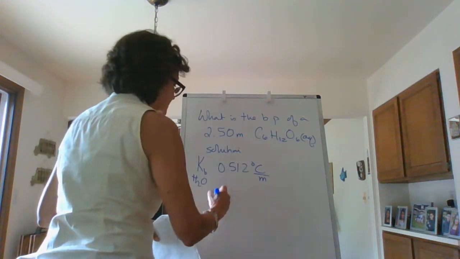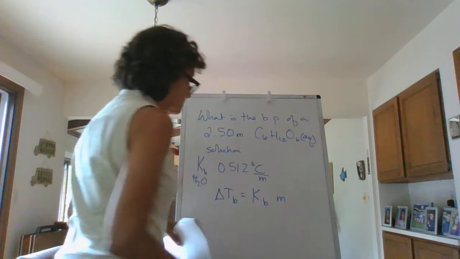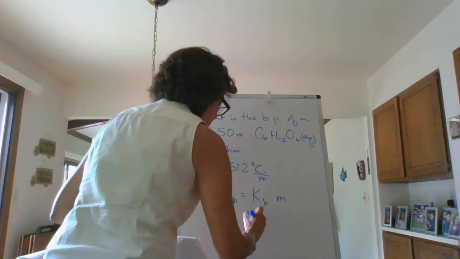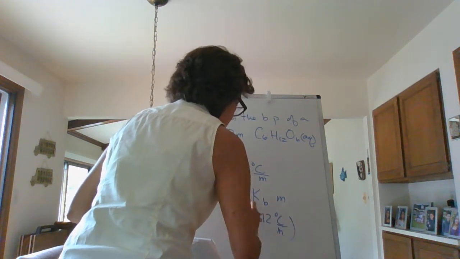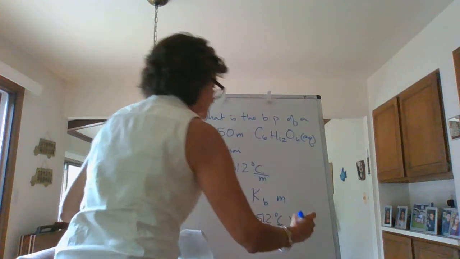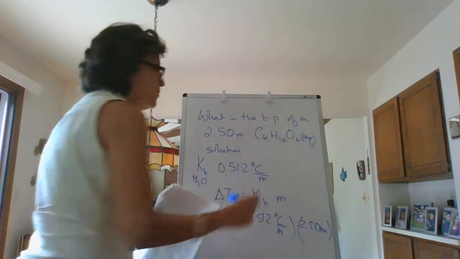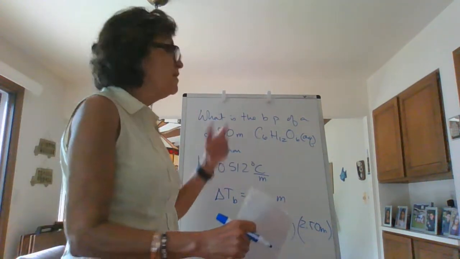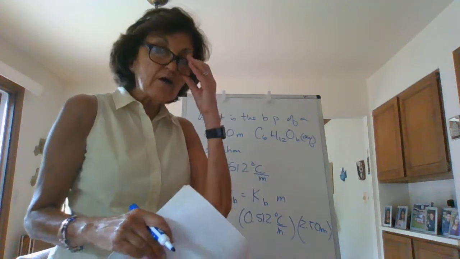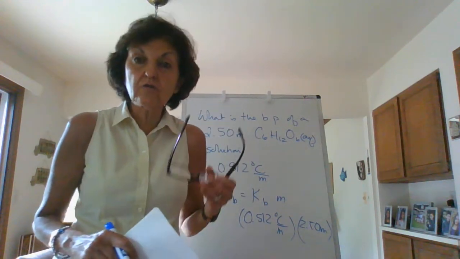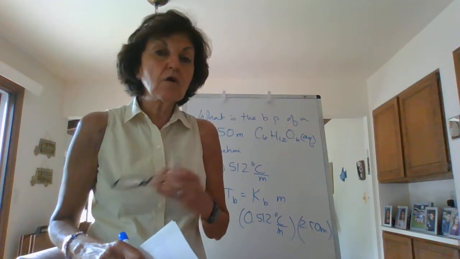So how do I solve this? Delta TB is equal to KB m. I have my KB, 0.512 degrees Celsius per molal. I have my molality, 2.50 molal. Remember, the glucose is just to tell you that this is a non-electrolyte. We don't care about the identity of the solute. You get your KB and KF values from the solvent.